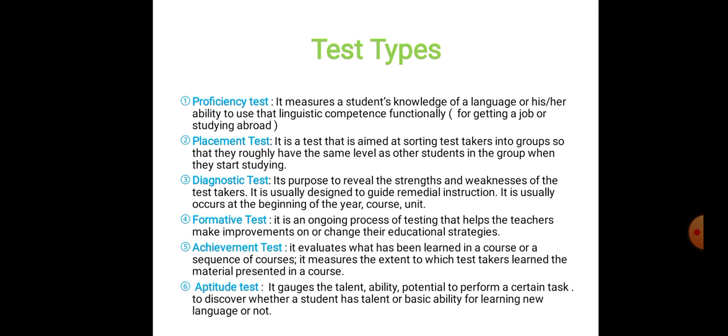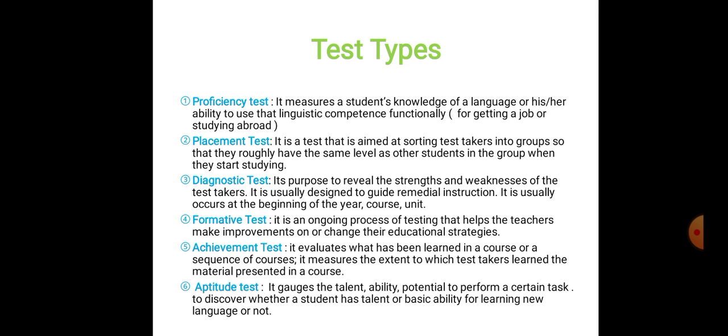The second type is placement test. This test is aimed at sorting test takers into groups so that they roughly have the same level as other students in the group when they start studying. The third test is diagnostic test.